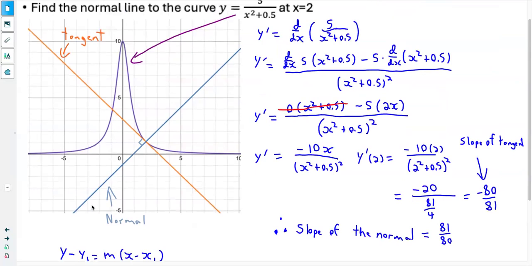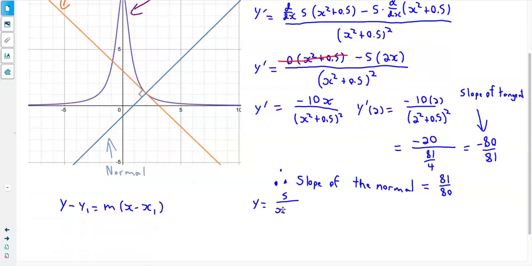So our original function was y is equal to 5 over (x squared plus 0.5). So if we have a y value that we're solving for when x is 2, that's 5 over (2 squared plus 0.5), which gives us 10 over 9.